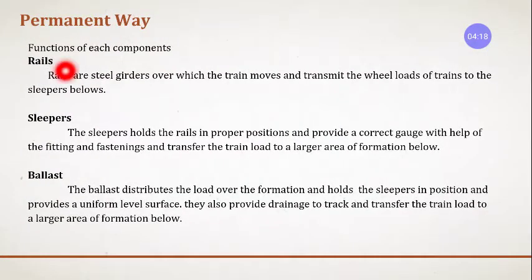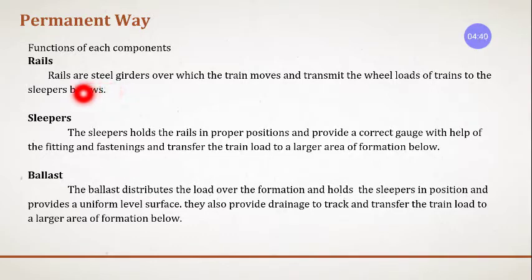Now the first component is rail. Rails are steel girders. You might have seen the railway track, with two rails over which the train moves.